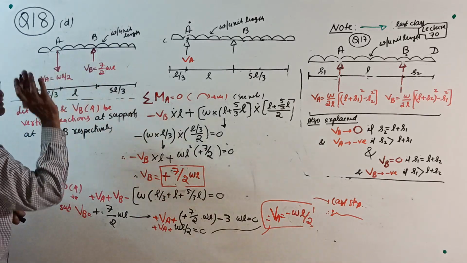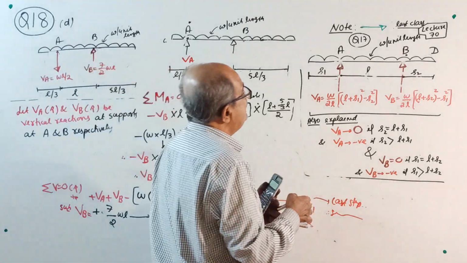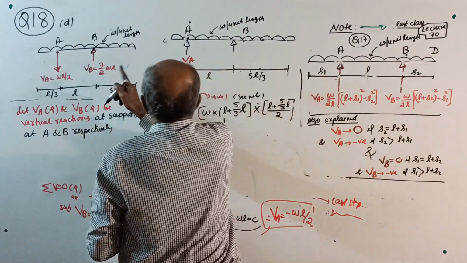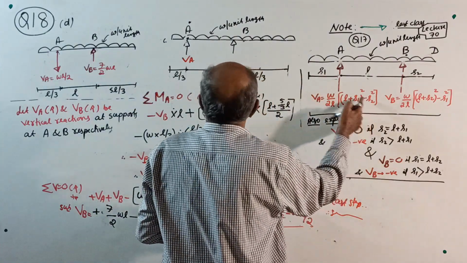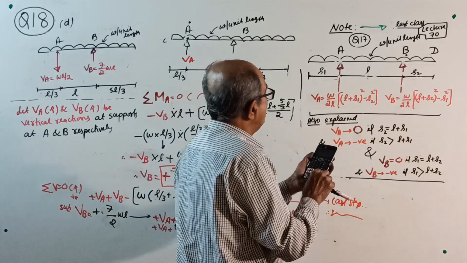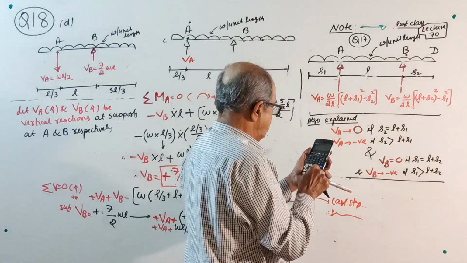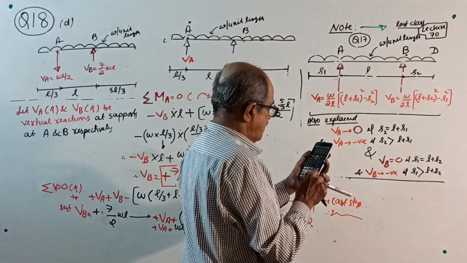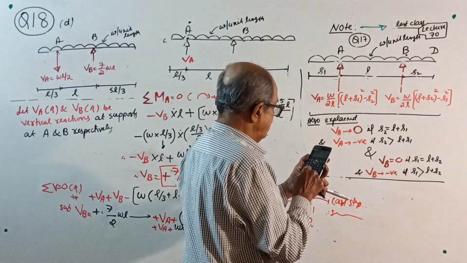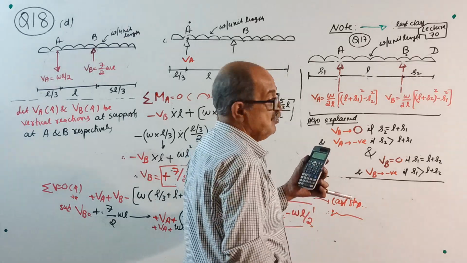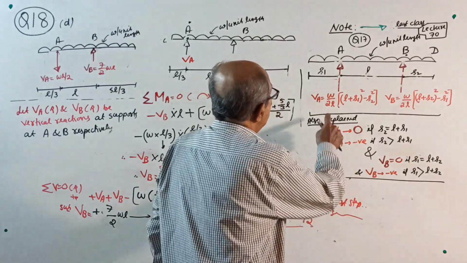Do one thing. In this equation for VA, put S1 equal to L by 3 and S2 equal to 5L by 3. See, I'll calculate here. S1 is L by 3. 1 plus 1 by 3 square minus 5 by 3 square, divided by 2. Minus half means minus WL by 2. Correct.